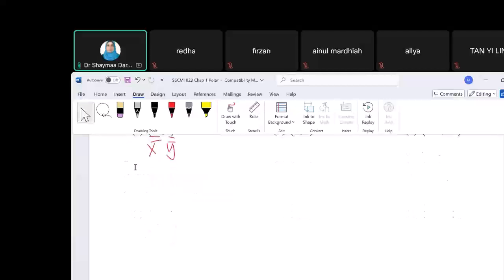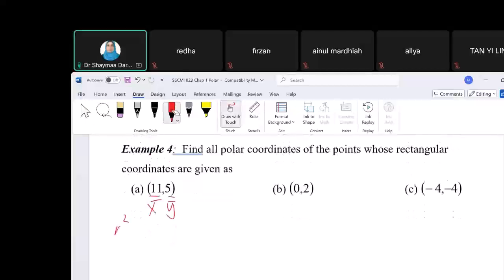How to find r? r squared equals x squared plus y squared, which means 11 squared plus 5 squared, I think 146.